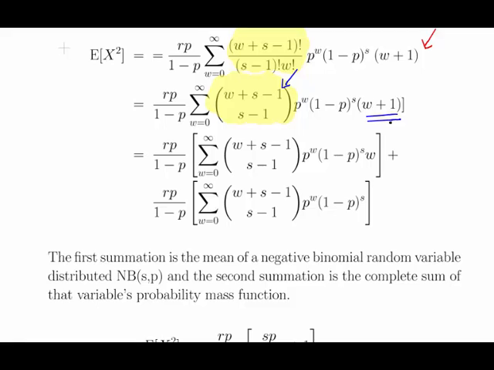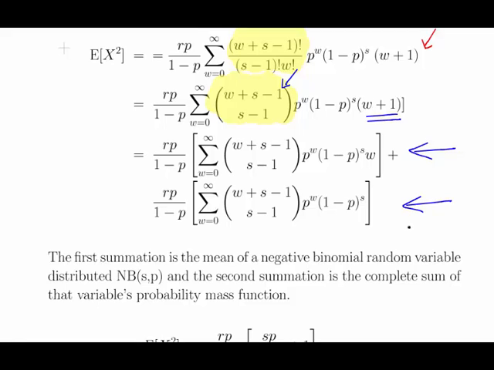Okay, so what I'm going to do is re-express the whole thing using that w plus 1. I'm going to split it here, so I'm going to have one term multiplied by w, which is this expression here, plus another term multiplied by 1.